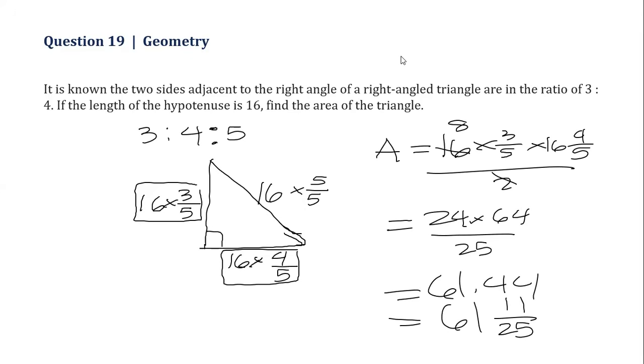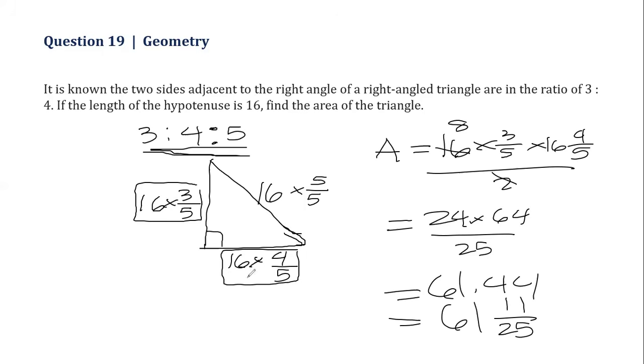Why is it 3/5 and 4/5? Are you asking about these? Yes. So we know that the ratio of the sides is this, right? That's why I wrote 3/5 and 4/5, since you're going to be multiplying the entire thing by 16.